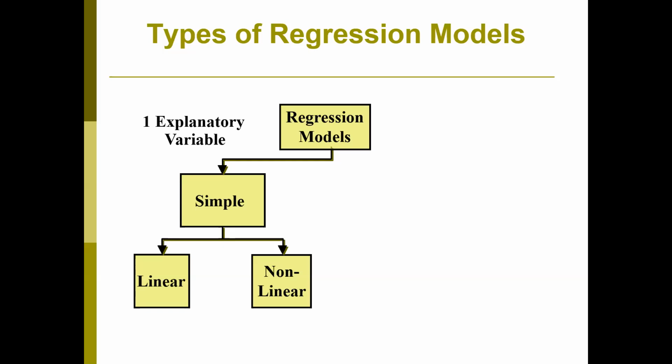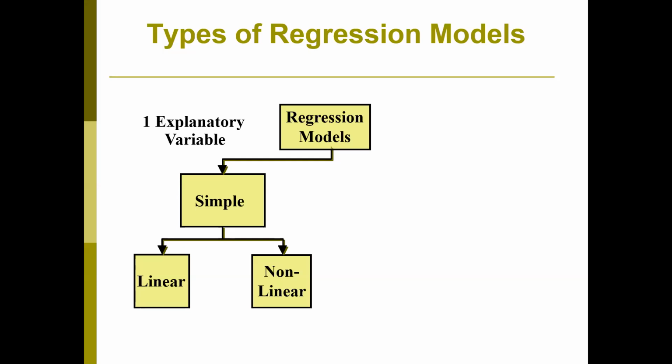But a simple non-linear relationship tells us that we are trying to hypothesize a non-linear relationship between two variables, one predictor and a response. This is what we're going to be doing in this course.